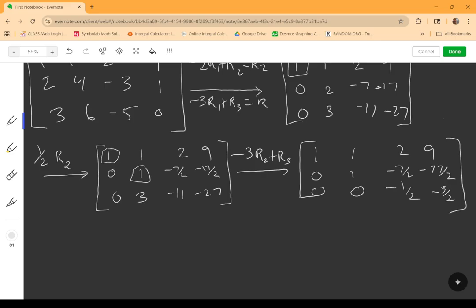Not quite 1, but I can fix that by multiplying R3 by -2 to give me that leading one.